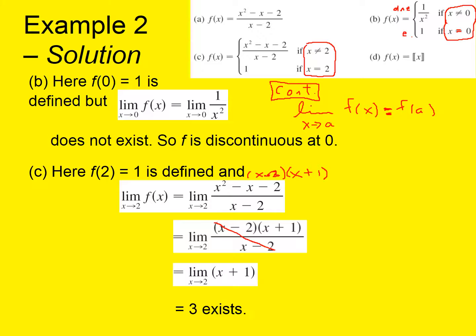And so you have the limit as x approaches 2 of f of x defined, but does it equal f of a? No, it does not equal f of 2, and so we're going to have a discontinuity at x equals 2.